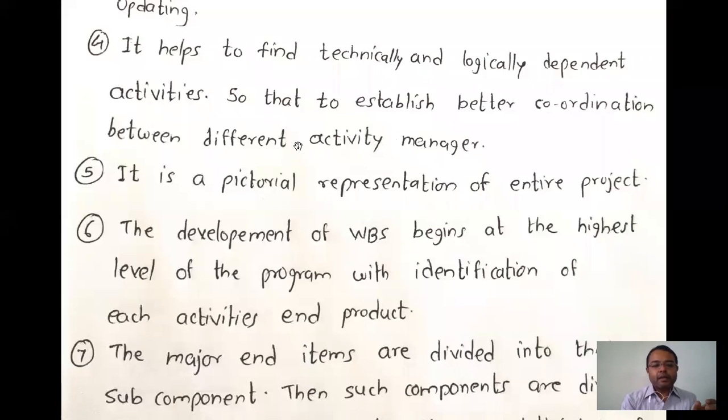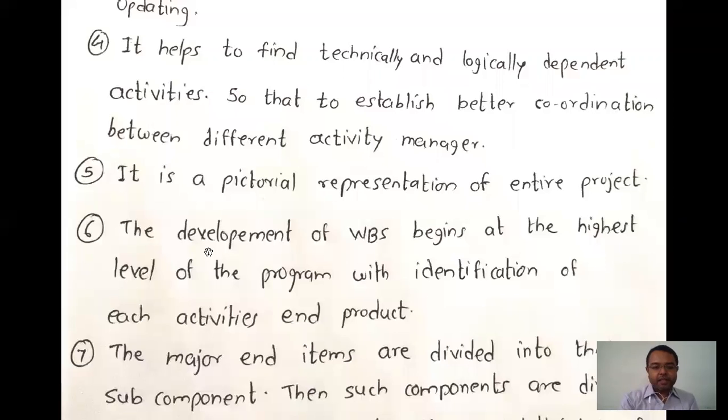Then the simultaneous activities can be carried out very smoothly. This comes under WBS. Next, it is a pictorial representation of an entire project. If you draw the WBS of any project, we get the entire project at a glance in pictorial form.